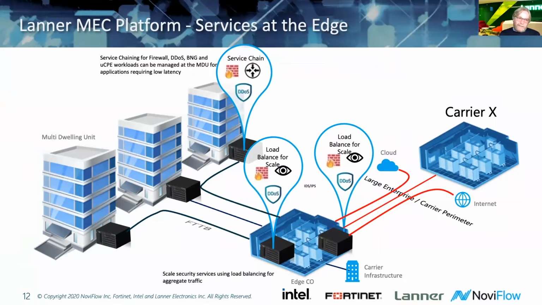One of the use cases would be sitting in a telco closet in a multi-dwelling unit. That means that some of the network functions are going to be residing locally at these locations. Some of the network functions go to the edge central office, and maybe there's also a hyperscale play in offloading some of the network functions to the public cloud, or passing them through the network for other applications to be loaded.